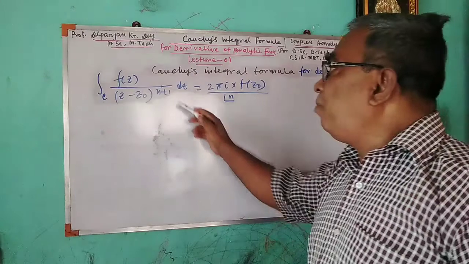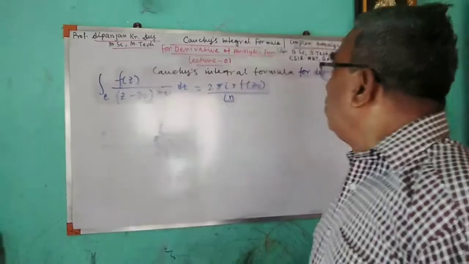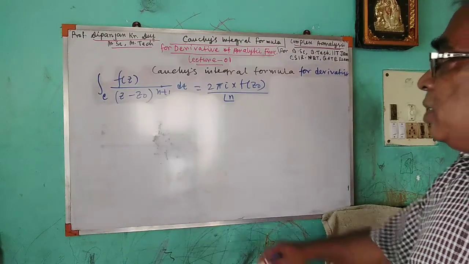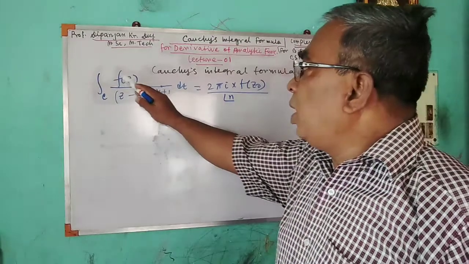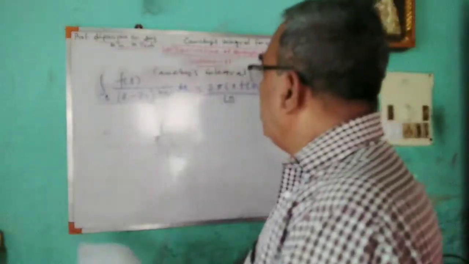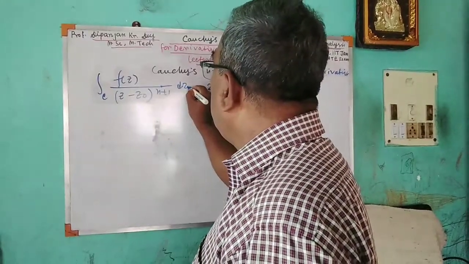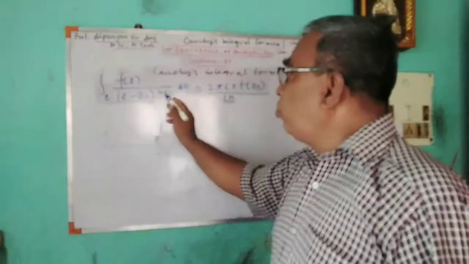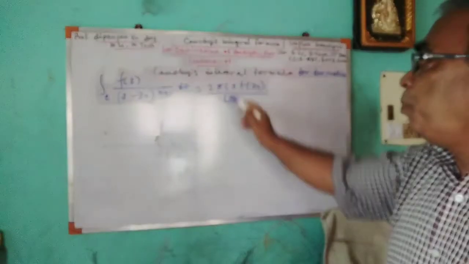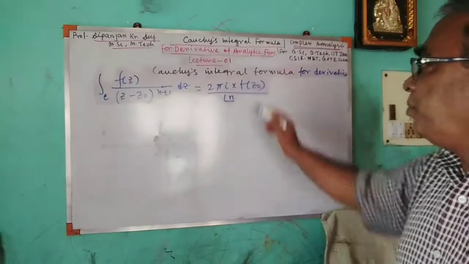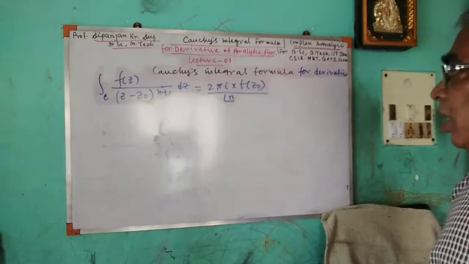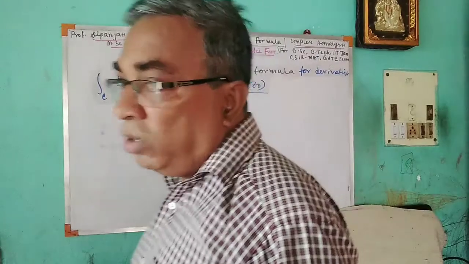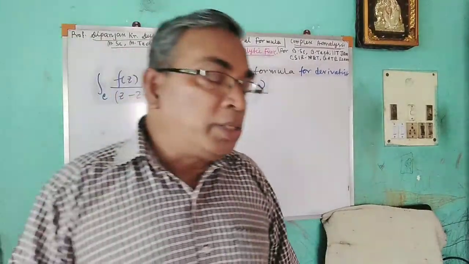This is the formula: the integral of f(z) dz by (z minus z0) whole to the power n plus 1 equals 2 pi I into f^n(z0) by factorial n. What is z0? z0 is the singular point.